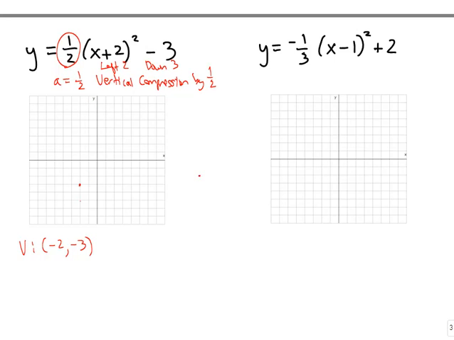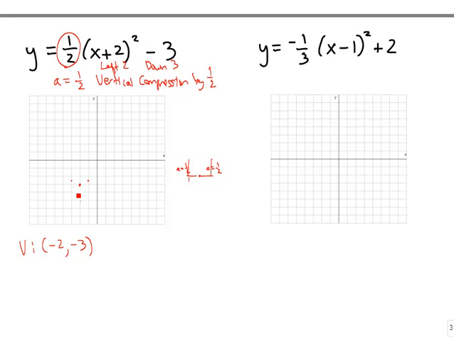So we're going to start at our vertex, and we're going to go over 1, up a, and in this case, a is 1/2. So we're going to want to go over 1, up 1/2 on the left and on the right. If here's my vertex, over 1, up 1/2, over 1, up 1/2.